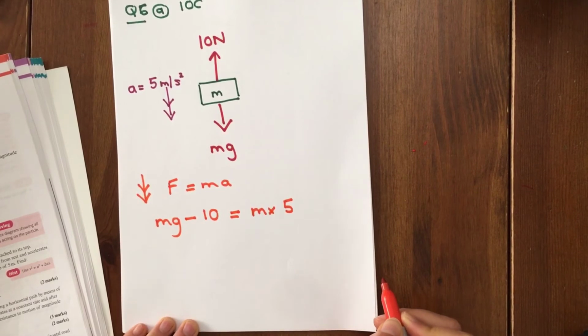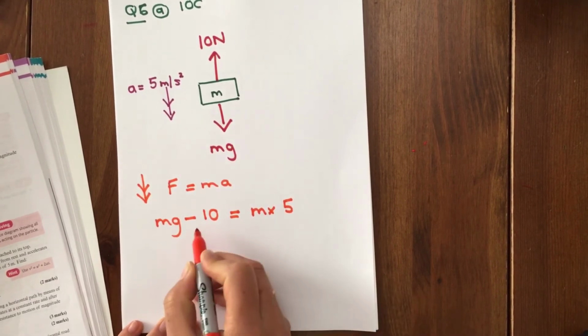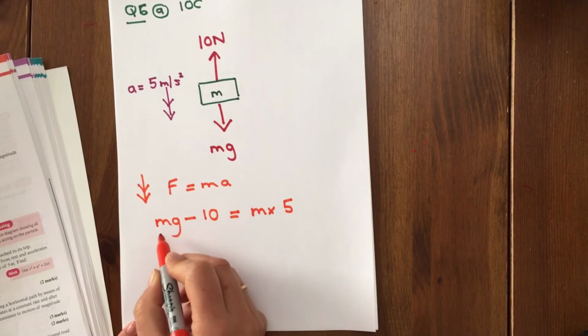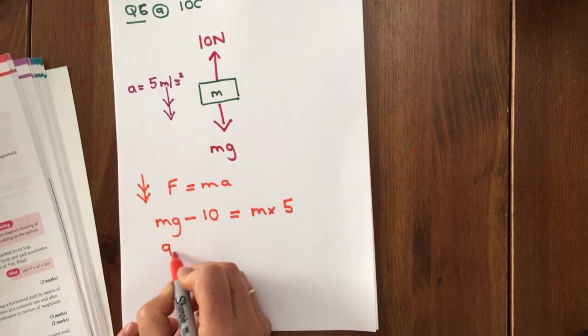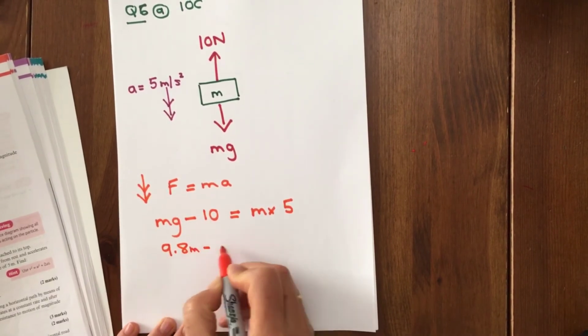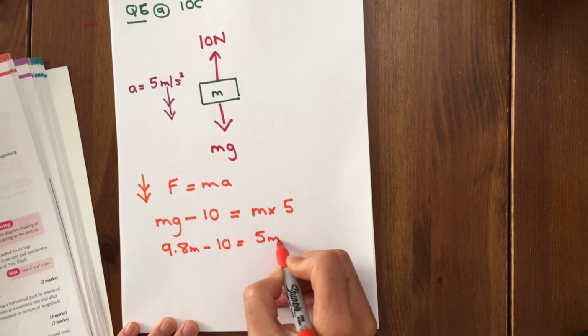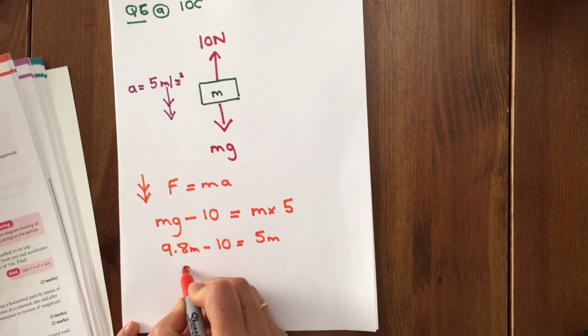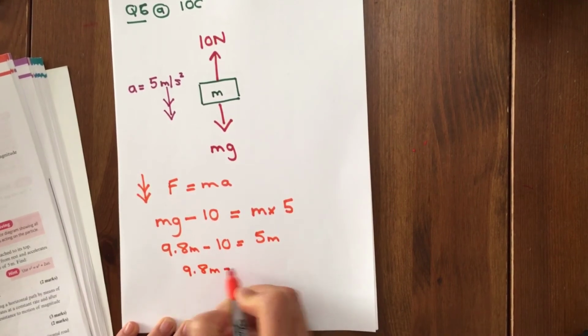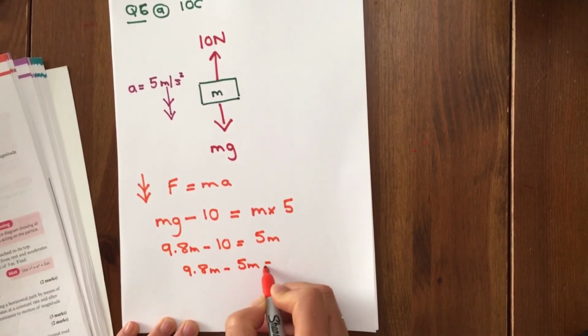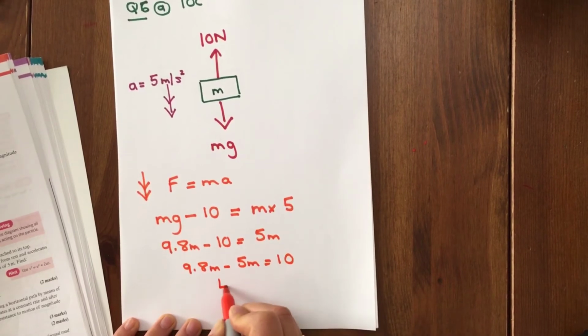Okay, so I want to find out what m is. So let's put g is 9.8 in. So I've got 9.8m equals 5m. Collect all my m's onto the one side and take my 10 to the other side.